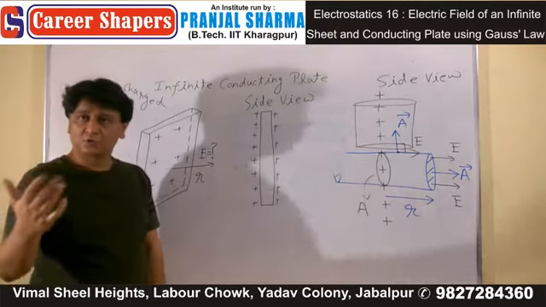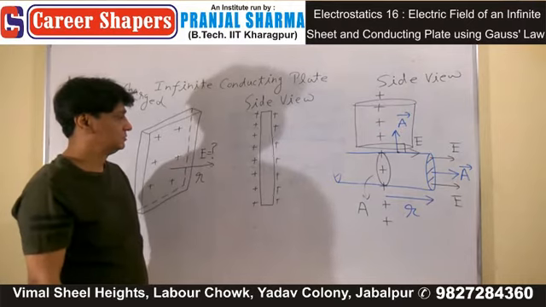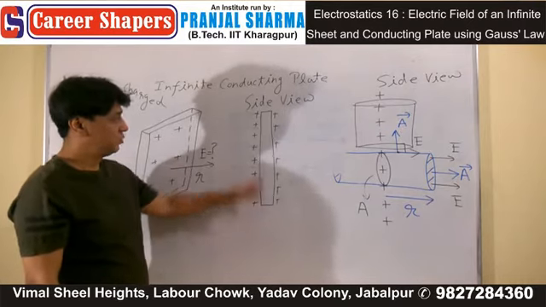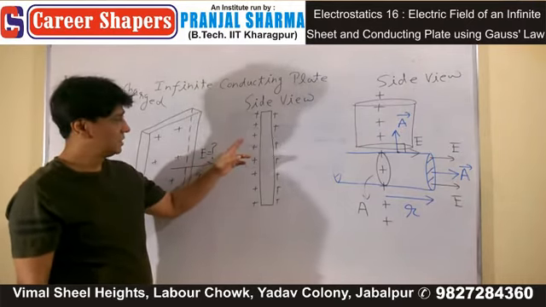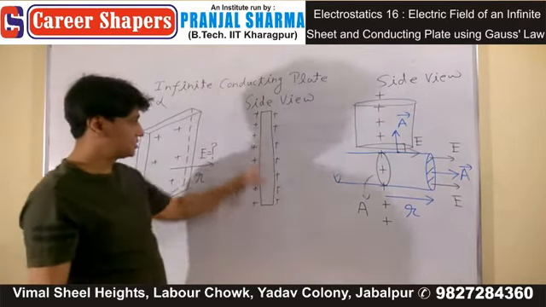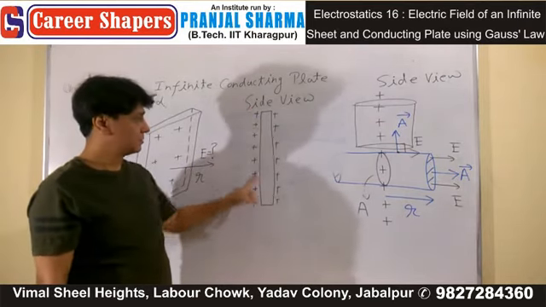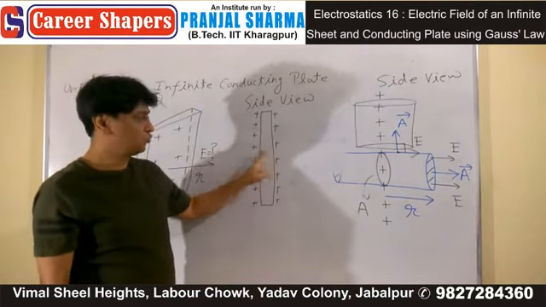Now for us, what does it mean? For us, it means we have this side view and all the charge is present on this space and on this space. These two faces.